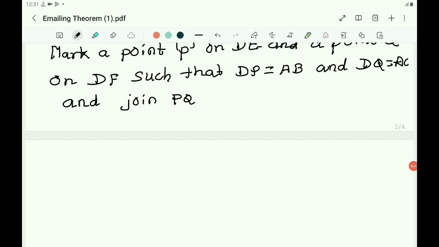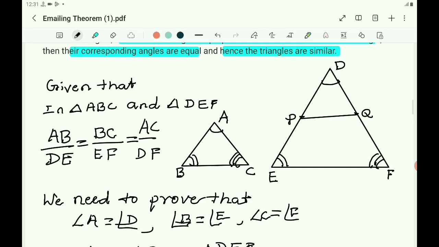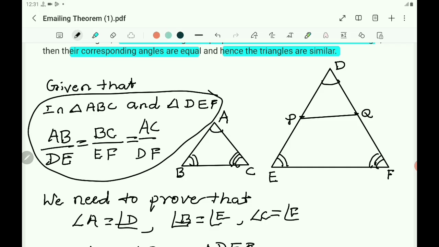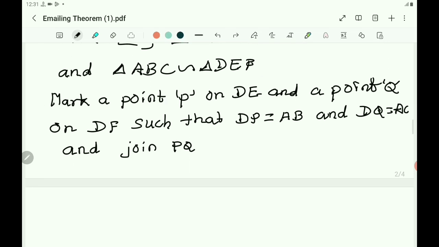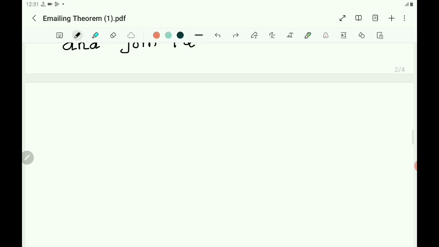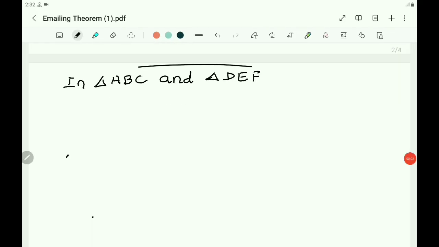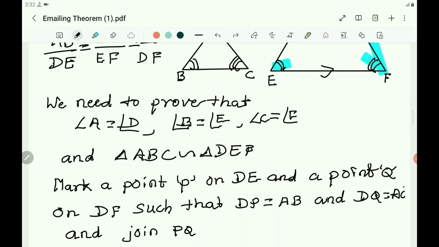Next we have to write the steps of proof. So you write in proof, first you take the given thing, write the names of these two triangles and write the sides which are in proportion. In triangle ABC and triangle DEF, what is given?